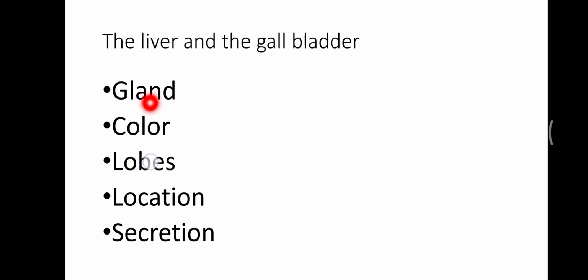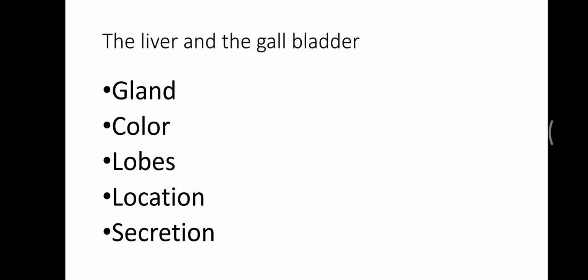So here liver is a gland and this is called a gland because it has some secretions which we will discuss today. So students, for your information I am going to tell you that liver is the largest gland in your body.